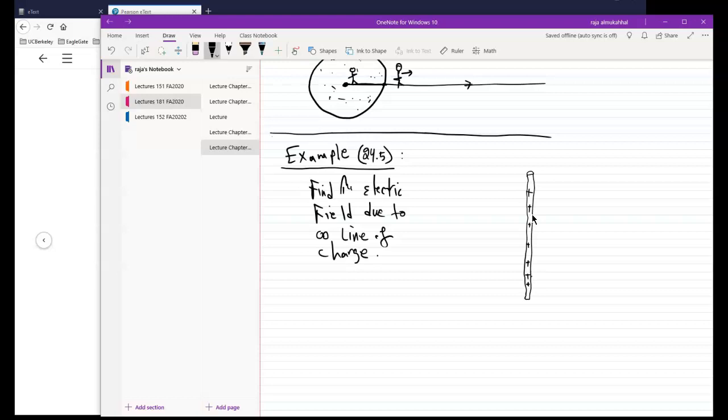So here, I'm going to just draw a finite cylindrical surface. I can dot it. There we go, just a dotted thing, and it actually works fine. Let's assume that this cylindrical Gaussian surface has a length L, for example.